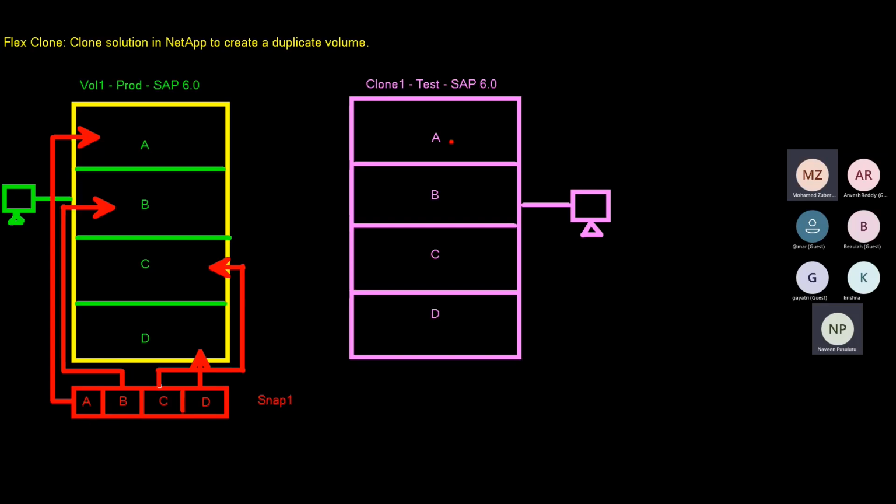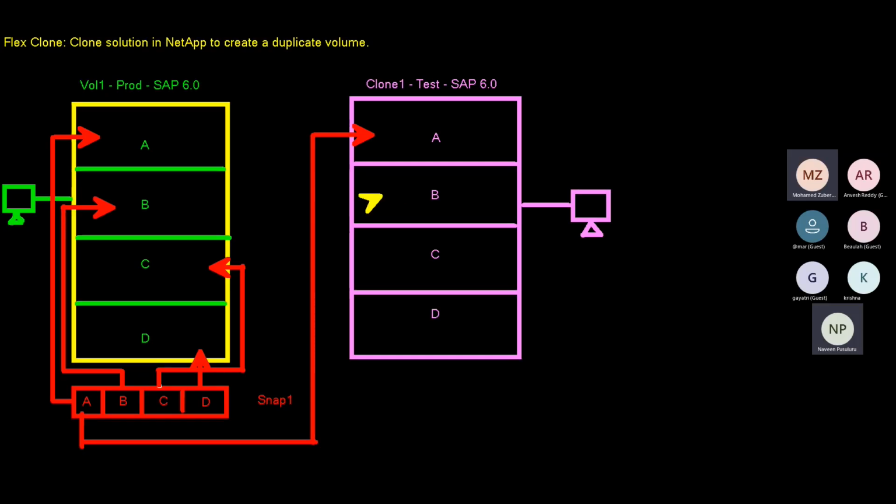So even clone also, initially it will not be created with any data. Clone also will contain only images, and these images will be having pointers towards the snapshot. I might have used a different color.